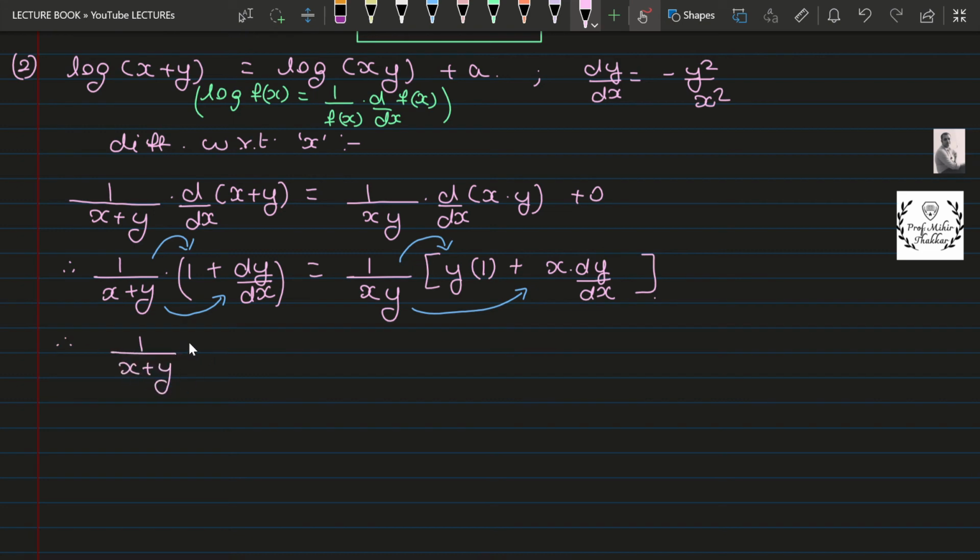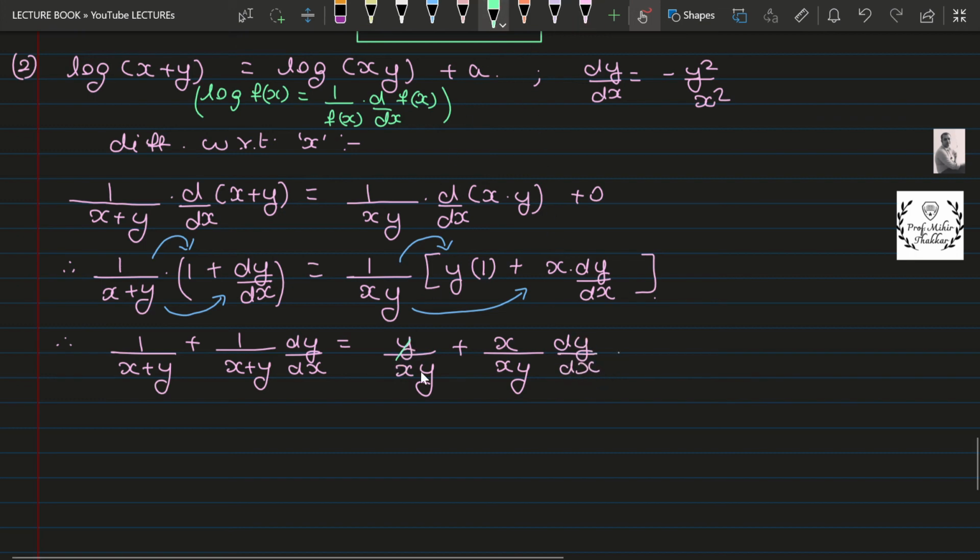One upon x plus y plus 1 upon x plus y into dy by dx. On the right hand side, it is y upon xy plus x upon xy into dy by dx. Cancel off these y elements as well as cancel off the x elements.